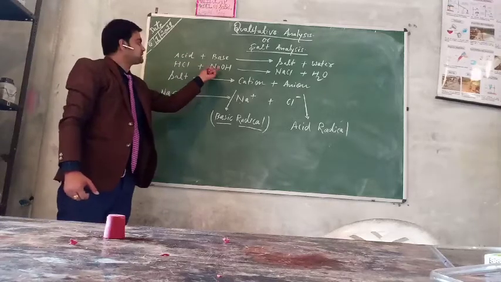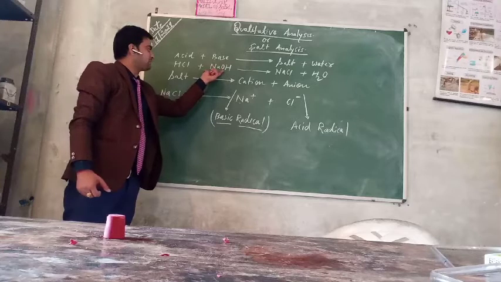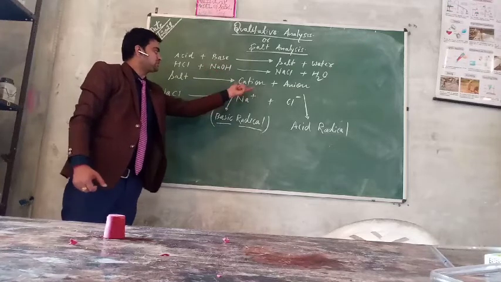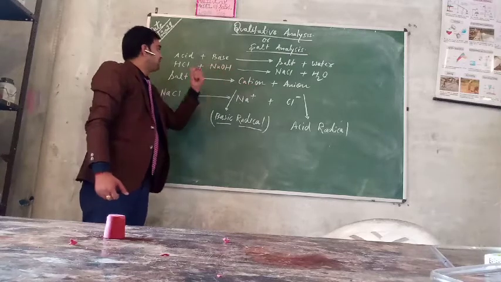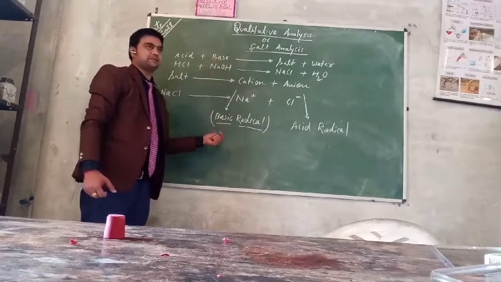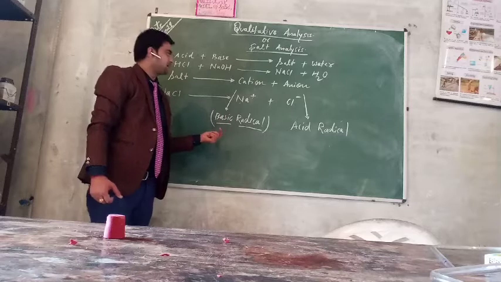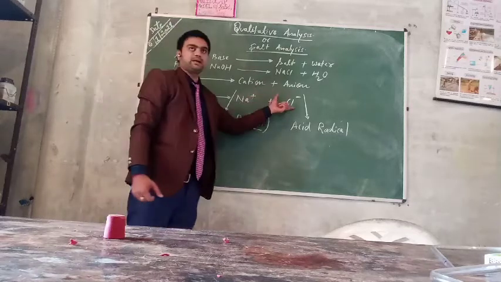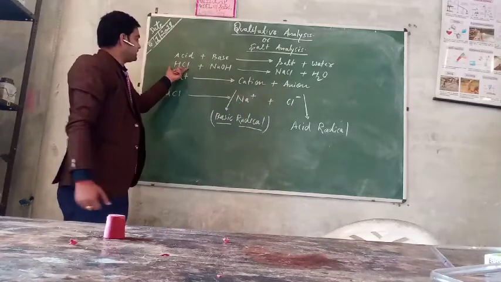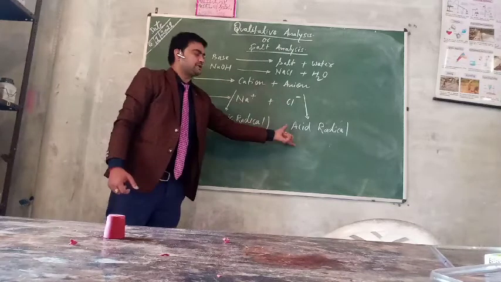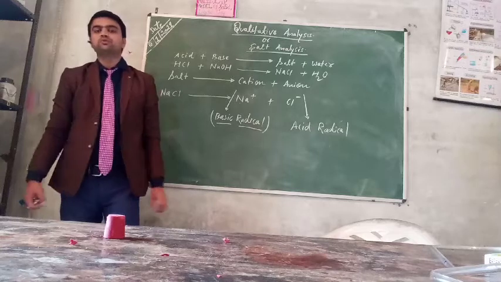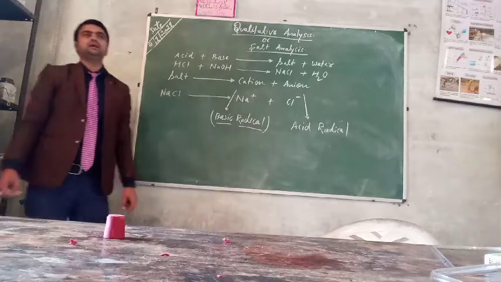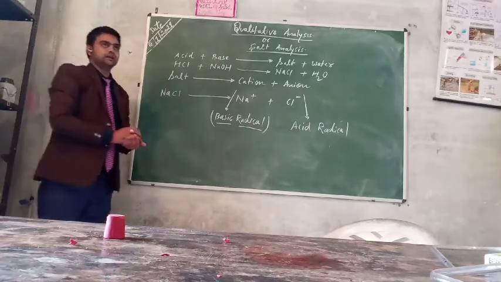This Na comes from Na plus, which is known as the cation here. This Na comes from the base, so it is known as the basic radical. Similarly, this Cl minus comes from the acid, so it is known as the acid radical. So every salt has two radicals, the basic radical as well as the acid radical.